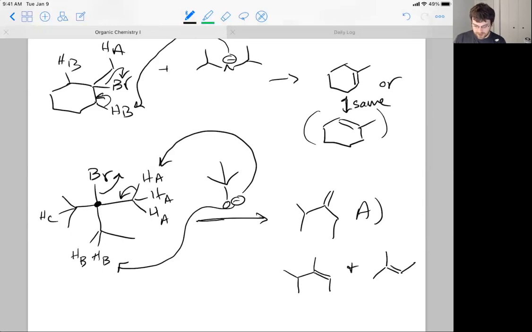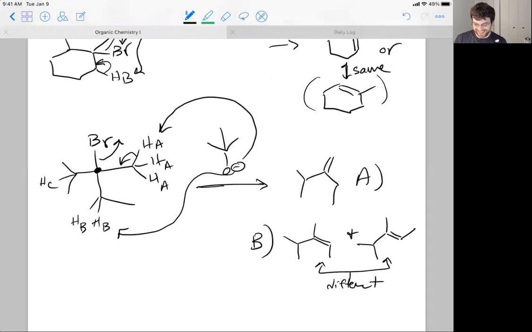At this point in the semester, I need to teach you about alkene stereochemistry to see these 2. I don't want to put this on an exam, but I'll be correct now. There's actually 2 products for B because these 2 are different because there's not free rotation over the carbon-carbon double bond. Anyway, let's move on.